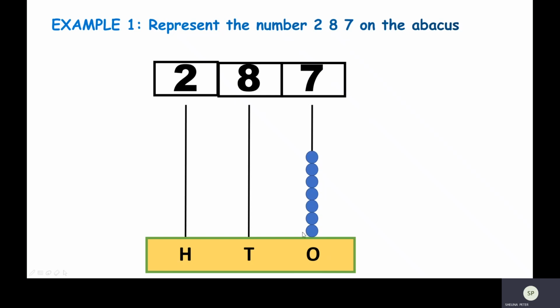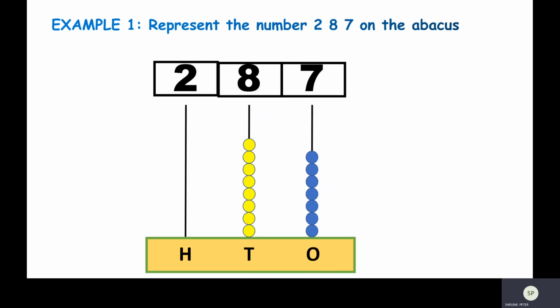To represent 1's place, we need 7 beads. Let us go to the 10's place now. Look at the number here. It is 8. So how many beads will you use to represent 10's place? Correct. We will use 8 beads. Let us count. 1, 2, 3, 4, 5, 6, 7, and 8.